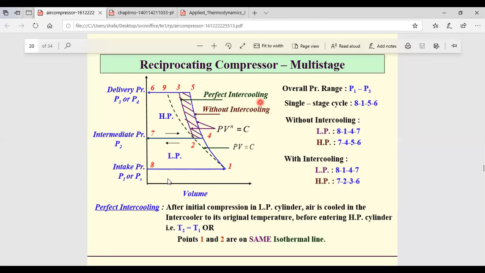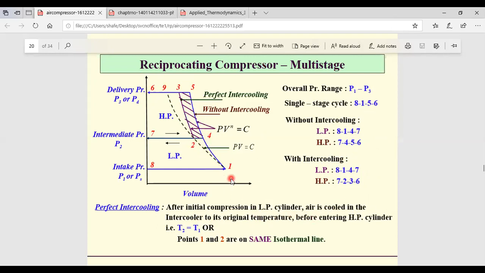So what is the pressure range now? I'll be taking from P1 to P3, because P1 is the initial pressure, P2 is the intermediate pressure, and obviously the final pressure P3 is the delivery pressure. The same thing I have mentioned here on the right side. When I call it perfect intercooling, after the initial compression in the LP cylinder, air is cooled in the intercooler.